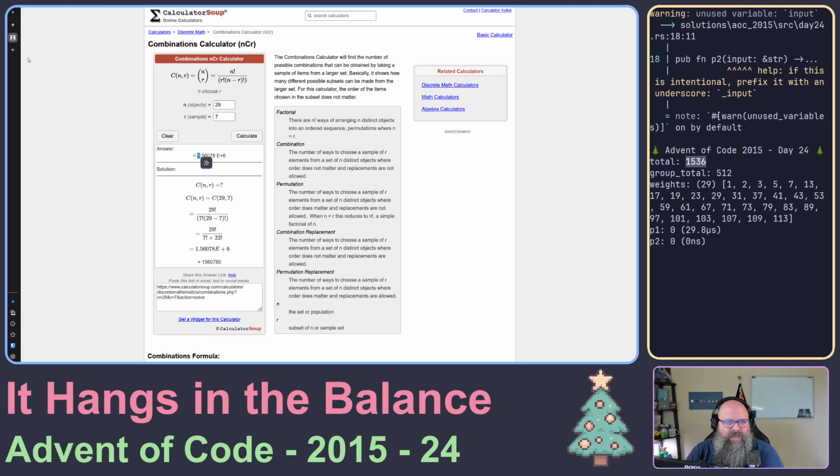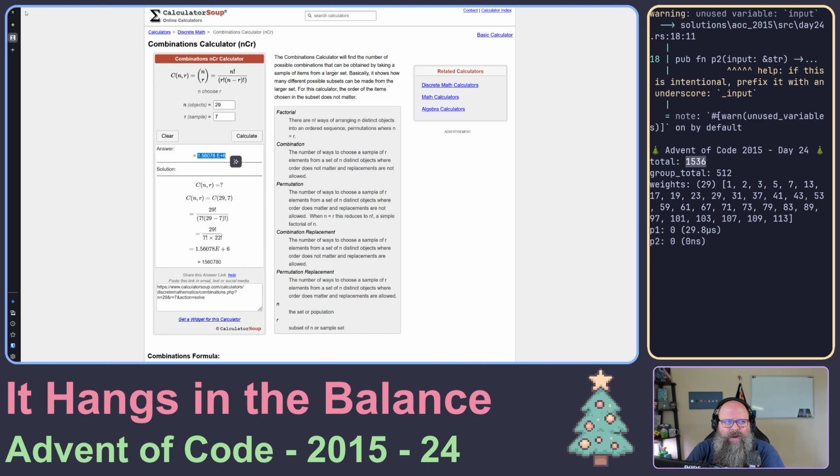So 7 is a million. So if I know the size is 1, I only have to find the 29. But if we know the smallest size of the thirds has 7 packages, then we'd only have to check these 1 million and find the smallest quantum entanglement. Does that make sense?